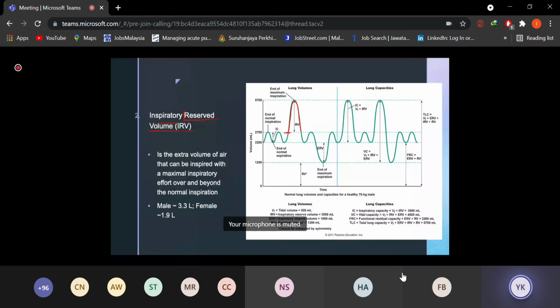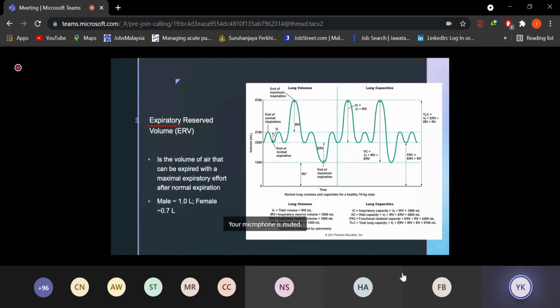While the expiratory reserve volume is exhaling: after you exhale normally, you force yourself to exhale even more. That will be the ERV. Always mention this: after a normal expiration or after a normal inspiration. If you need to give a definition, this one is important.